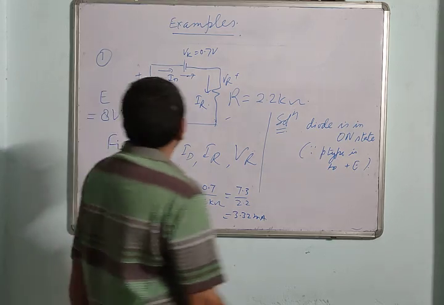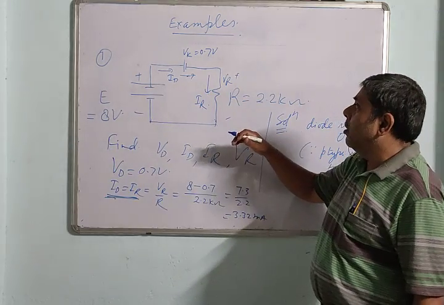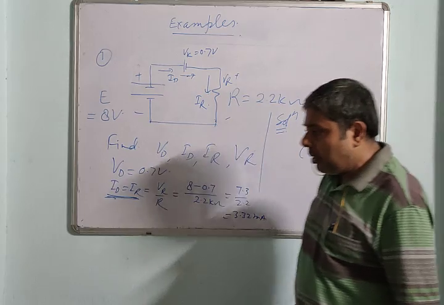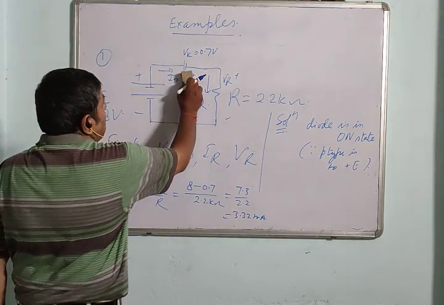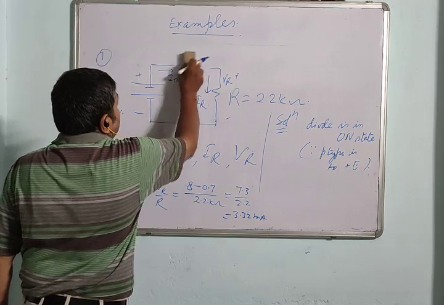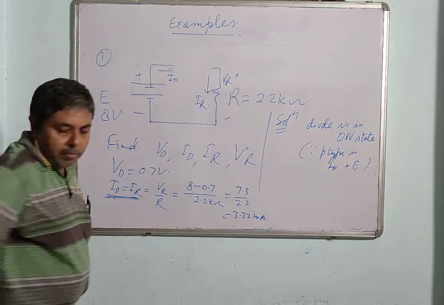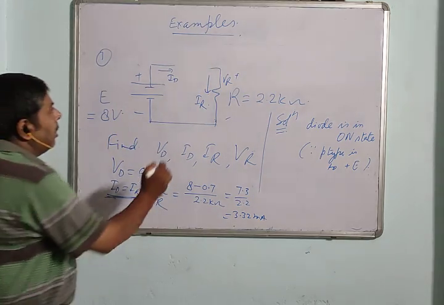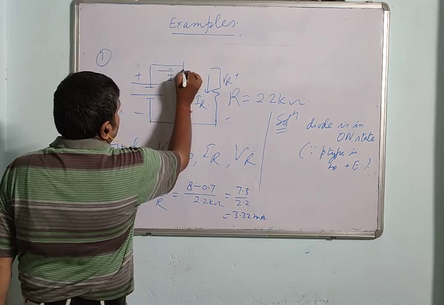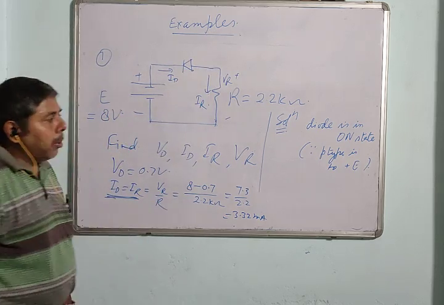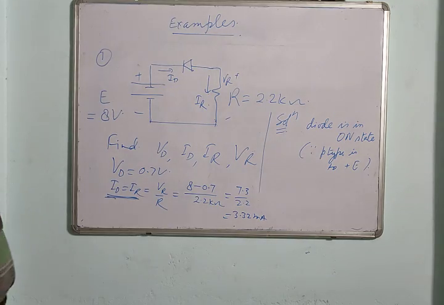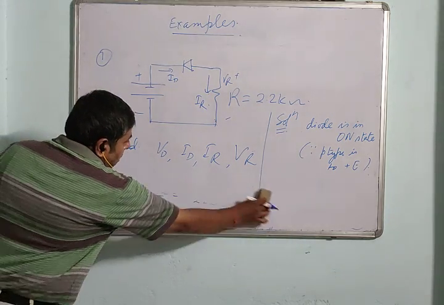So now you can reverse this. Suppose diode is reversed, then what are values? Suppose this is reversed. Okay. Then what are values? Suppose this is the diode. Then repeat this problem for all these values.